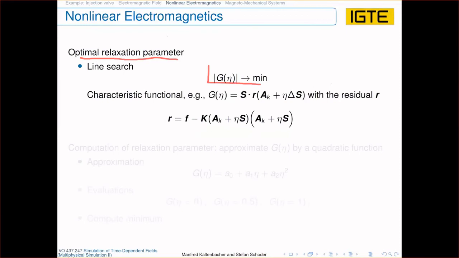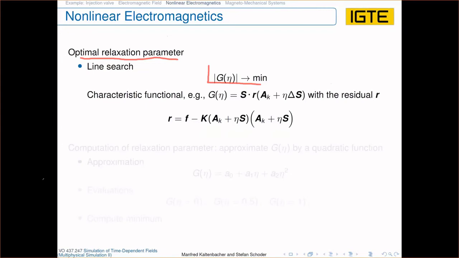The residual is when we evaluate the difference between our left hand side and right hand side, and if this is 0, we are at equilibrium, we are at the solution clearly. So this is the residual, and we take the dot product with the just computed incremental values we have obtained for the magnetic vector potential.